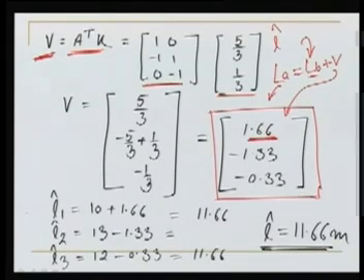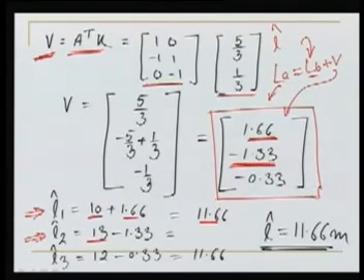So L1 hat can be computed by L1 plus V1, and this particular value is 11.66. Similarly, L2 hat can be computed by L2, the observation, plus V2, means minus 1.33, and this is also 11.66.